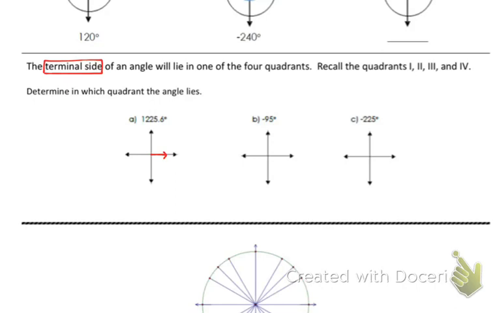Would it be quadrant 2? It would be quadrant 2. And how'd you do that? I divided the 1225.6 by 360. Ooh, let's do that. So we have 1225.6, and you divide it by 360. Why'd you divide by 360?